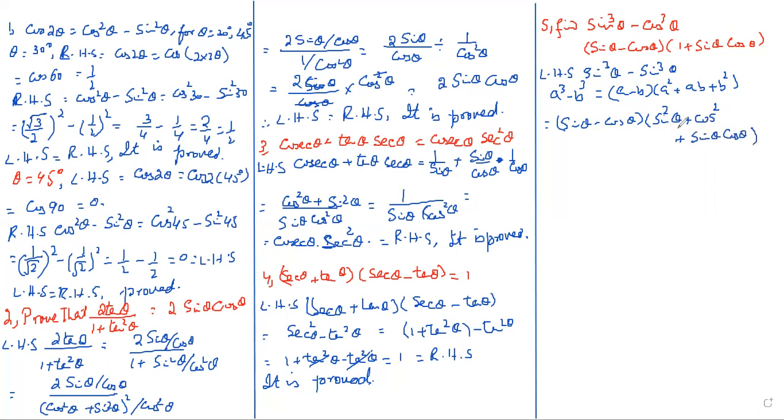So sine square theta plus cosine square theta is always 1, giving sine theta minus cosine theta times 1 plus sine theta cosine theta, which is equal to the right hand side.